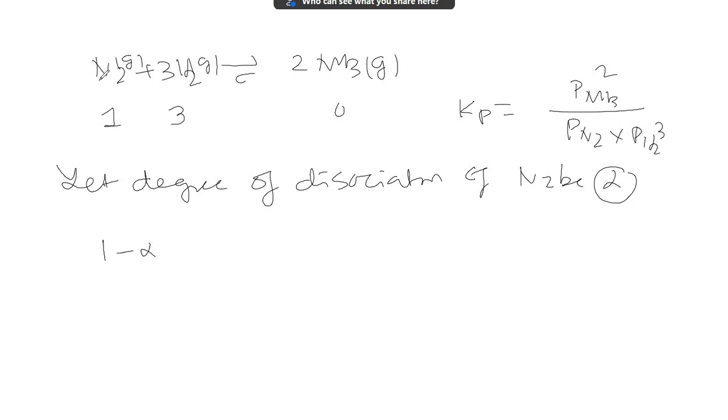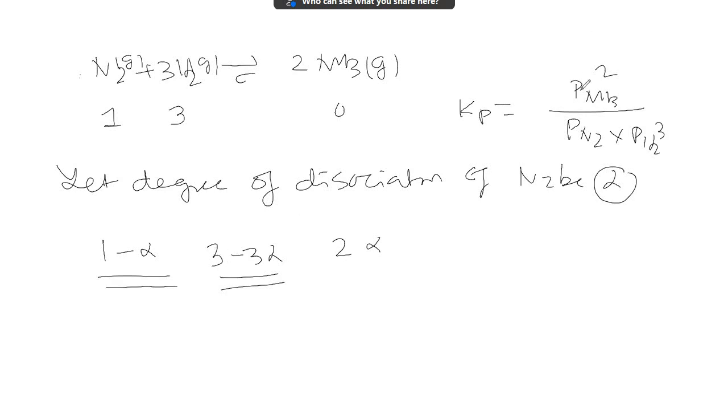In this case, whatever the moles of nitrogen, if alpha mole of nitrogen react, then 3 alpha mole of hydrogen will react. So at equilibrium, moles of hydrogen left will be 3 minus 3 alpha. And whatever be the moles of nitrogen reacted, double of them of ammonia will be formed. So 2 alpha mole of ammonia will be formed. So at equilibrium, moles of nitrogen left 1 minus alpha, hydrogen left 3 minus 3 alpha, ammonia formed 2 alpha.